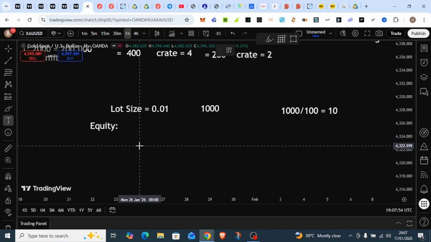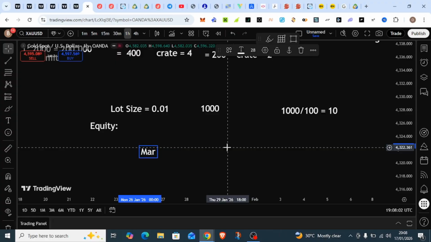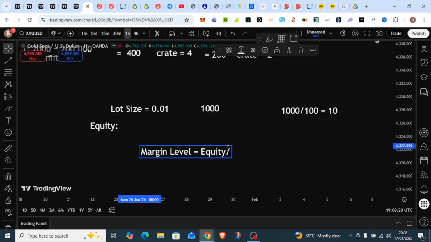We have margin level, and margin level is equal to equity over used margin, multiplied by 100%.